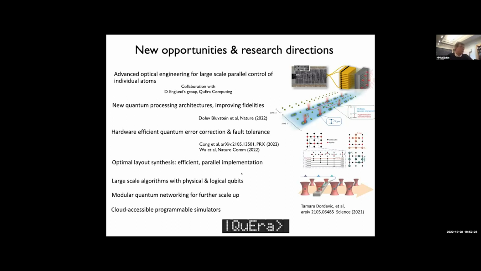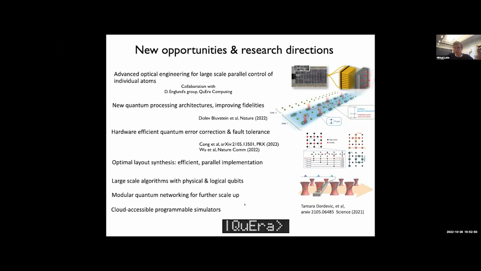We are starting to look at optimal layout, and also thinking about combining these two directions: for a given algorithm, what would be the optimal architecture? What would be the optimal approach? We are also looking at modular approaches, and as I already mentioned, the device related to the first part of my talk will be available on the cloud very soon.